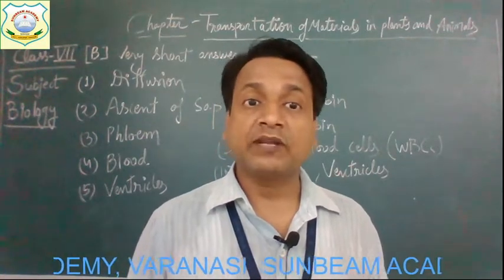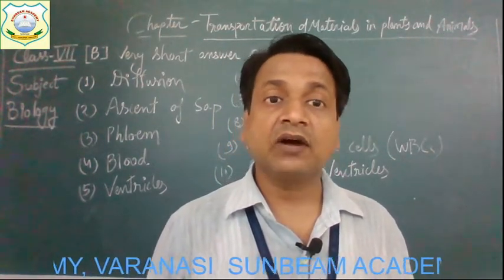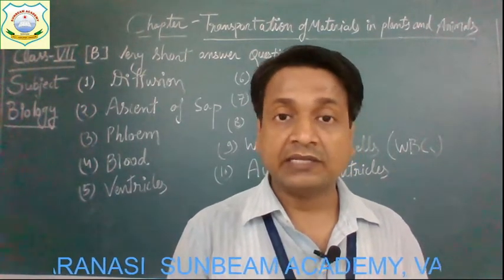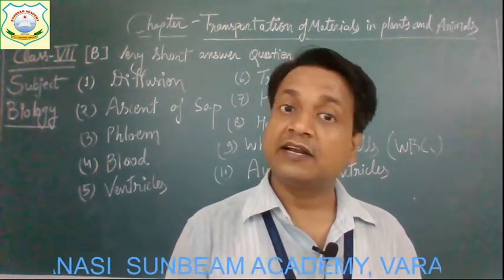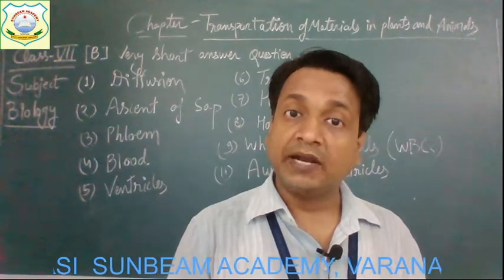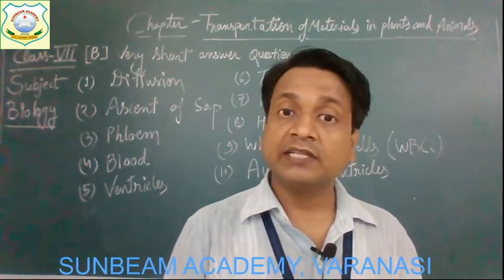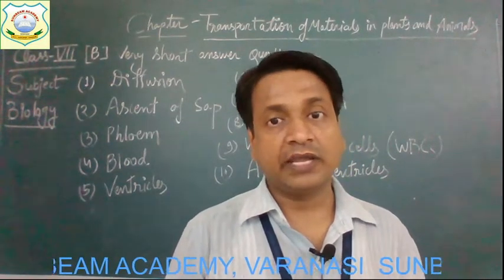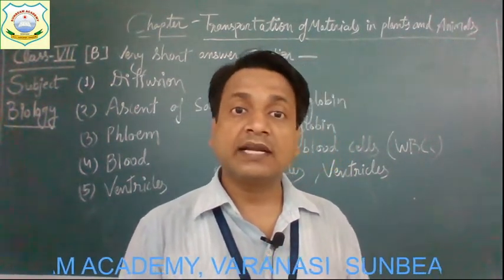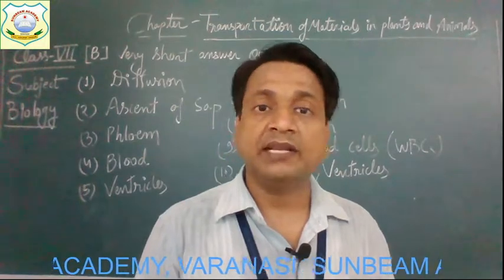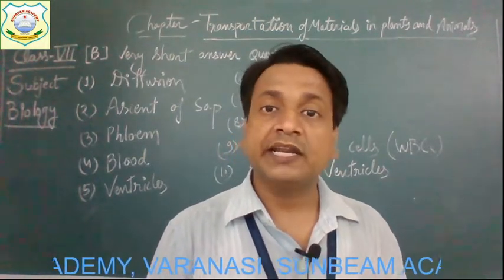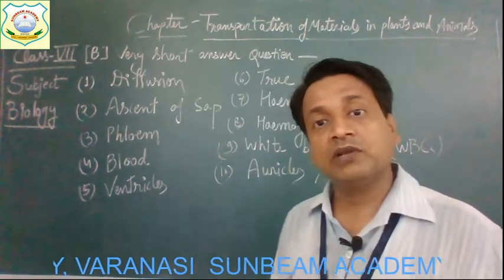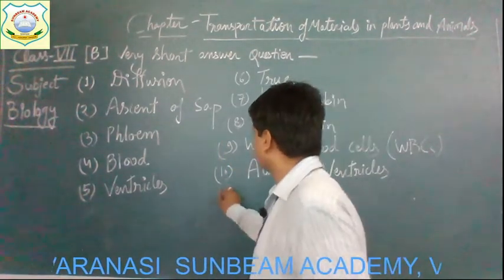As in the chapter we have discussed, there are three kinds of blood vessels: arteries, veins and capillaries. Arteries carry the blood from the heart and veins carry the blood to the heart. The joining of arteries and veins are the capillaries where the materials get exchanged.